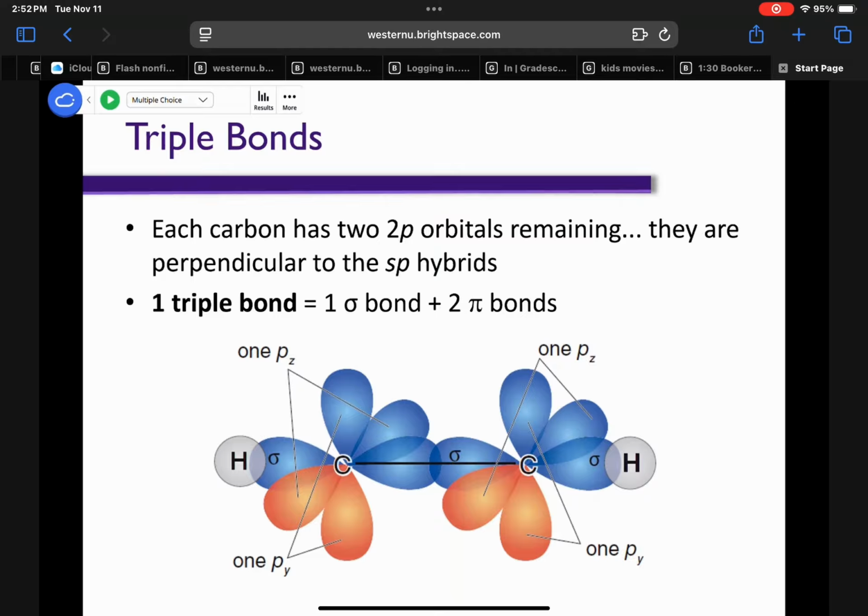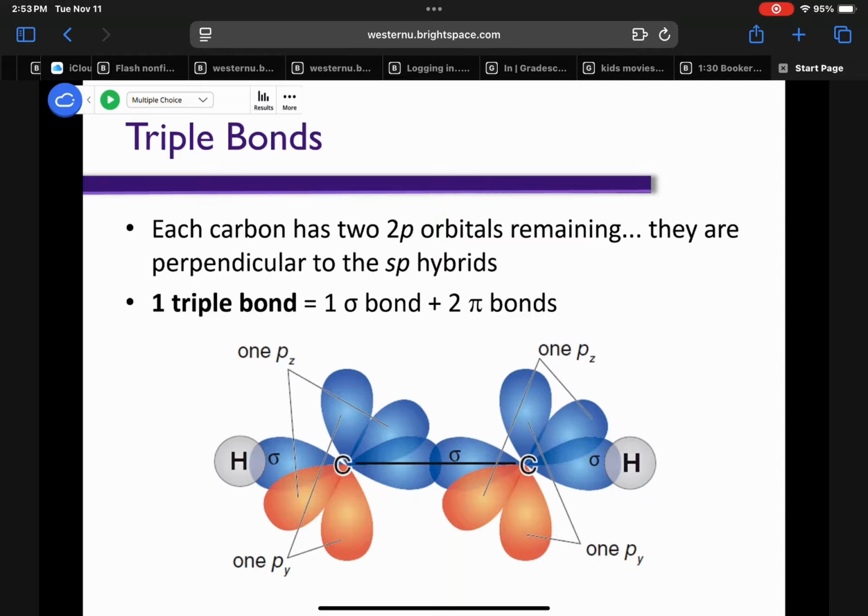So this carbon here has a py, y is going up and down. So let's say y right there. And this carbon here also has a pz. Now imagine these perfectly overlaying. So this one, it's getting really messy, has a py and a pz. And the one on the right has a py and a pz. And the ones that are both straight up and down can overlap, and the ones that are side to side overlap.